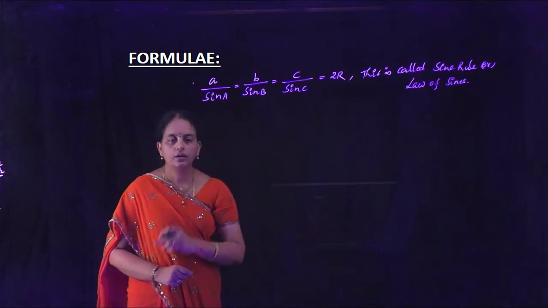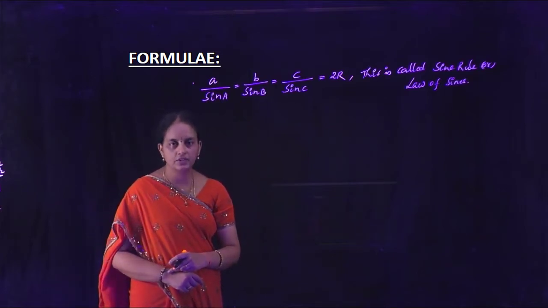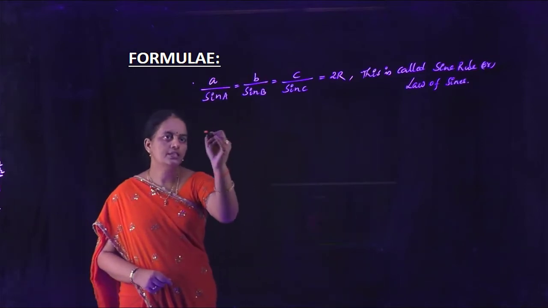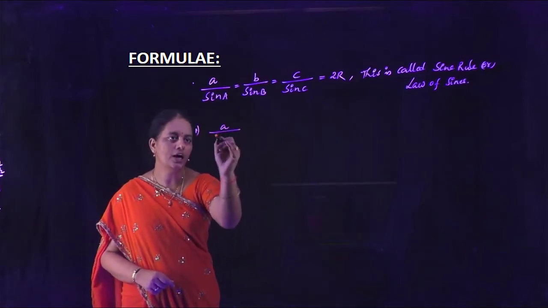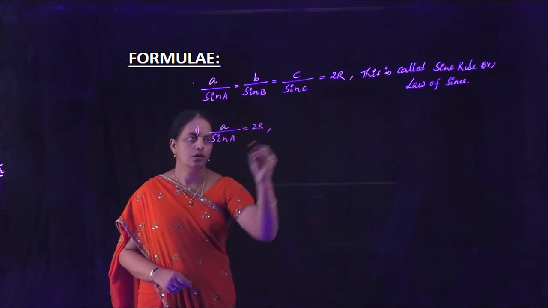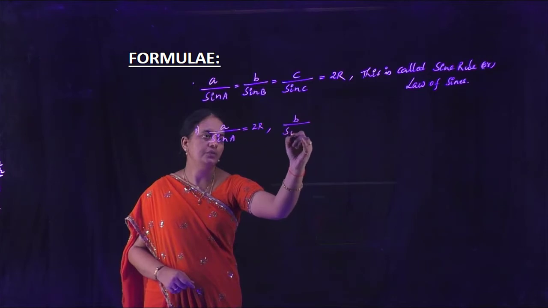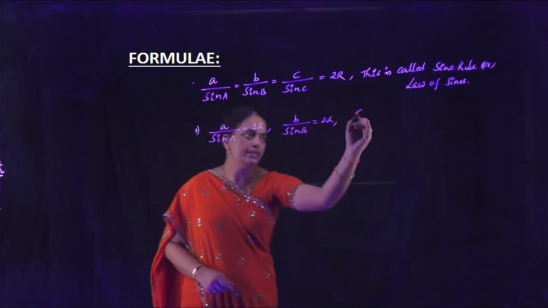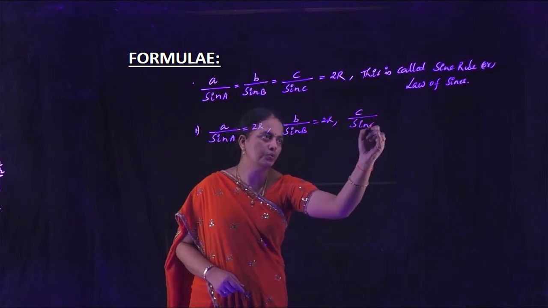This formula can be used in three ways. Let us see what they are. First one is a by sin A is equal to 2r, or b by sin B equal to 2r, or c by sin C equal to 2r.